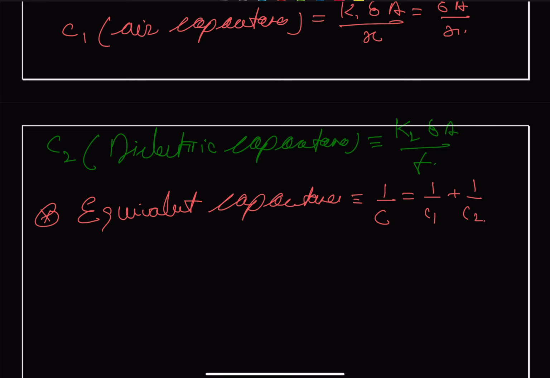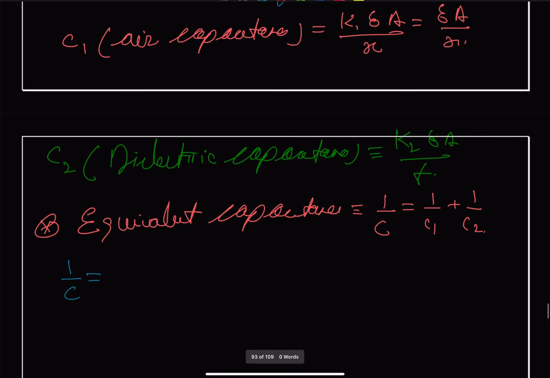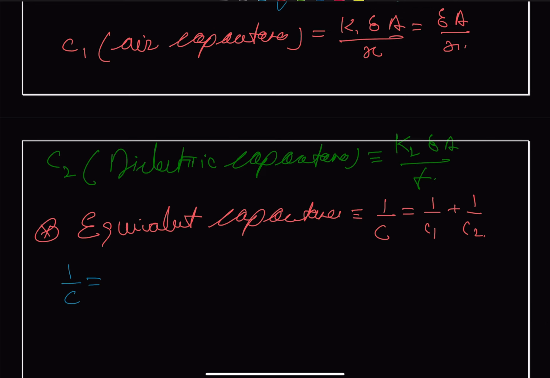So from here, if we substitute the value, we get 1 upon C is equal to X upon epsilon naught A plus T upon K2 epsilon naught A. So we can take epsilon naught A as common.